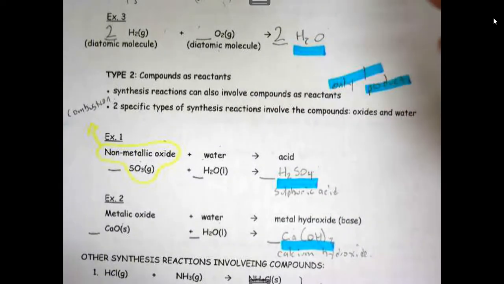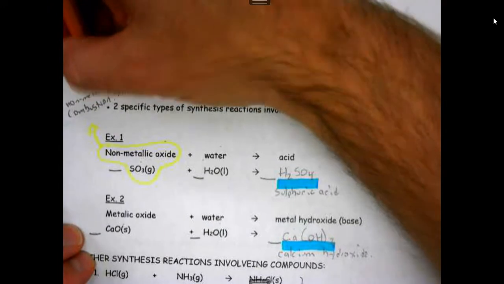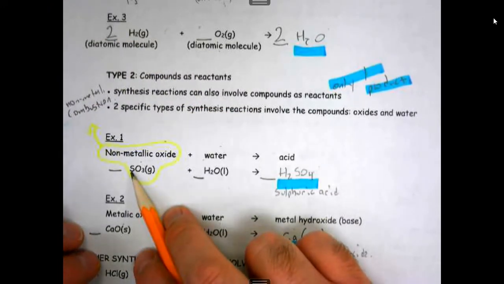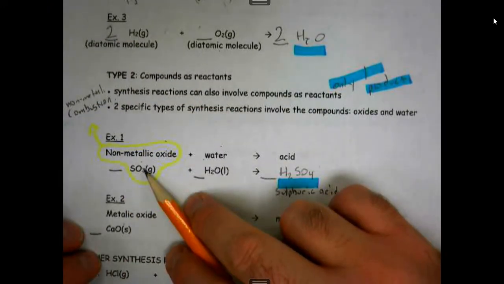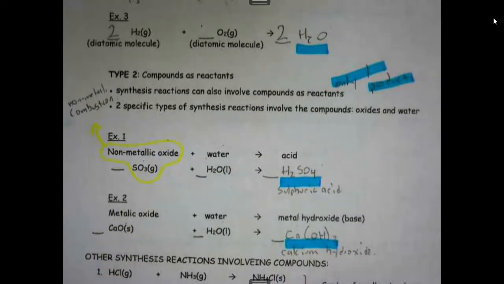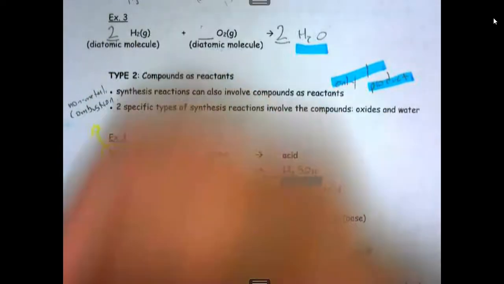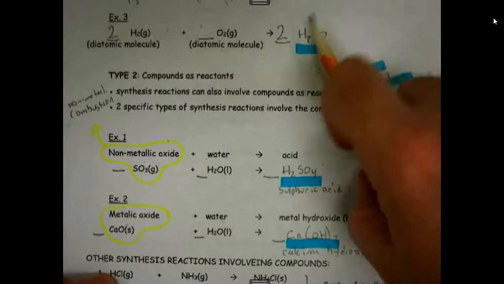So this was our combustion of a non-metal. Now in this case, it would be sulfur was the non-metal that got combusted and you form a non-metal oxide. This one down here is a metal oxide, and you would have got this via the combustion of calcium, a metal combustion.